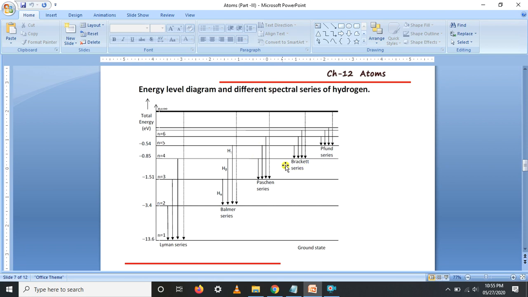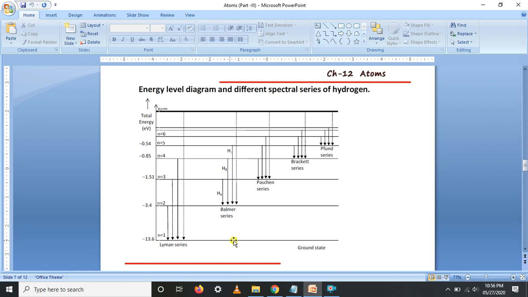For Brackett series, the N1 value is 4 and N2 value is 5, 6, 7 and so on up to infinity. And for Pfund series, the N1 value is 5 and N2 value is 6, 7 and so on up to infinity.